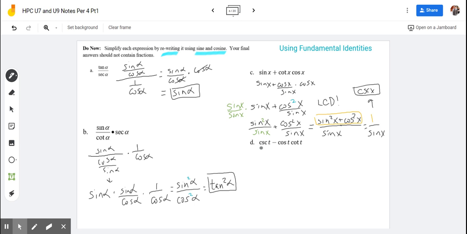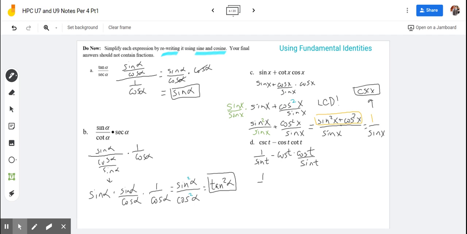And then finally, for part D, we have cosecant of t minus cos of t times cotan of t. So cosecant is going to be 1 over sine minus cos of t, and then we're going to multiply this times cos of t again. Cotan is the same as cosine over sine, so cos of t over sine t.